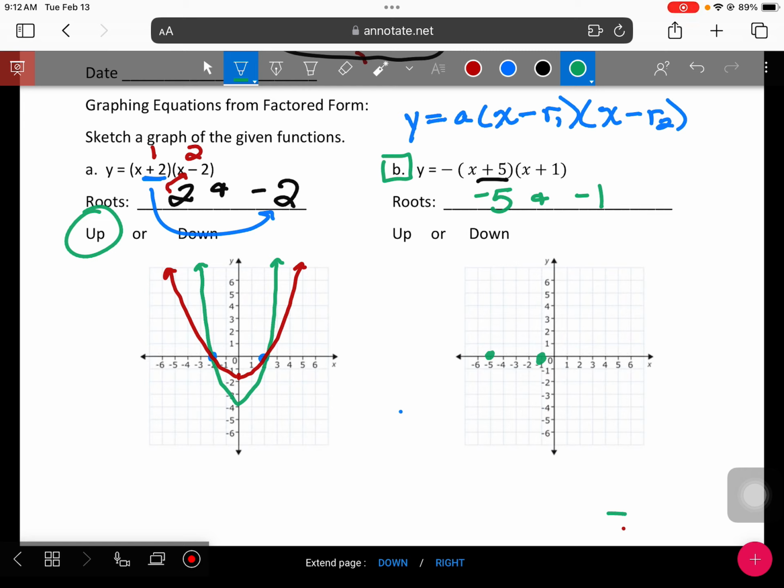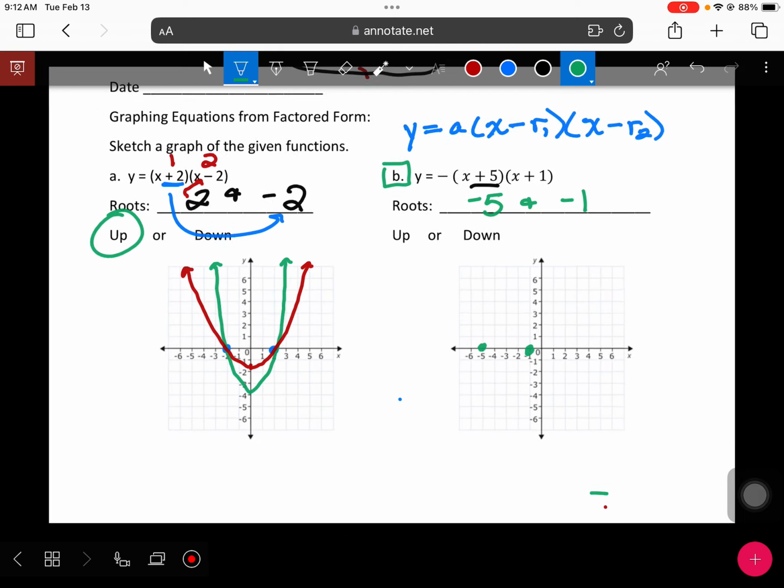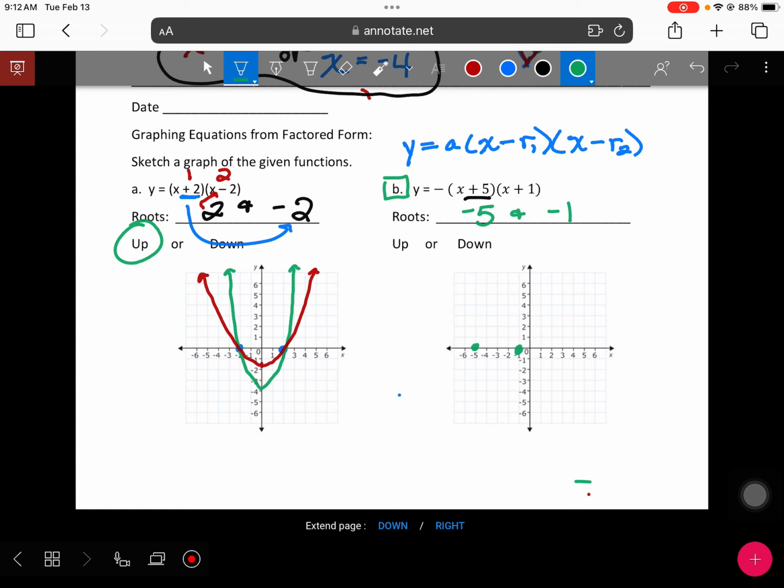So let's plot negative 5 and negative 1. And Miss Kimberly, is this going to be opening upward or down? Well, okay, why do you say down? Because Julia said? Okay, Julia, now the pressure's on you. Why is it down?